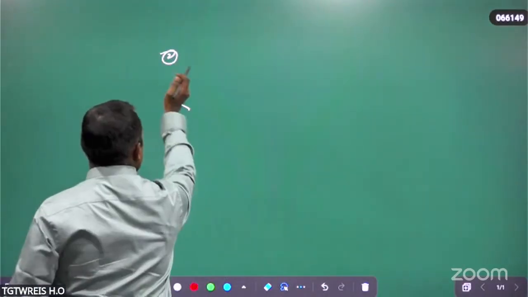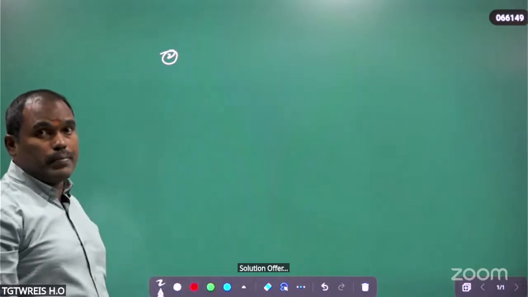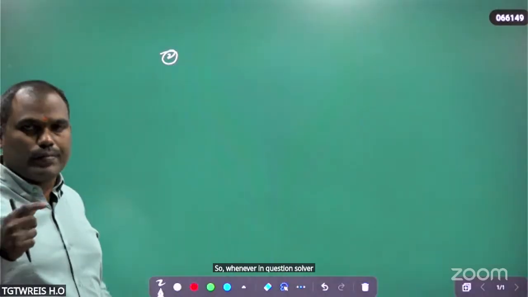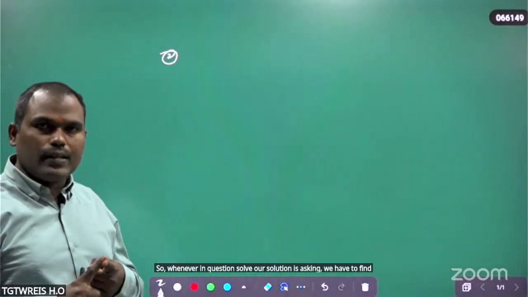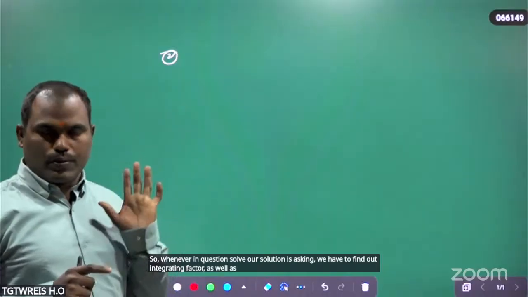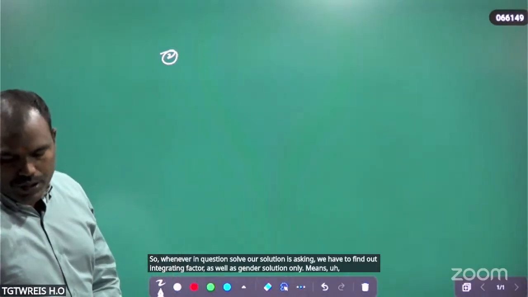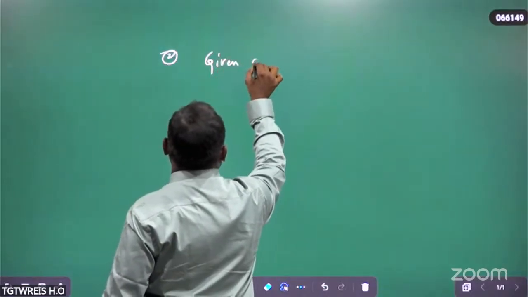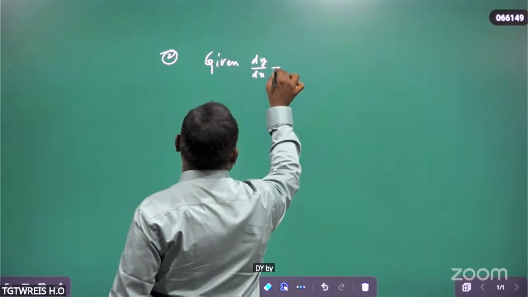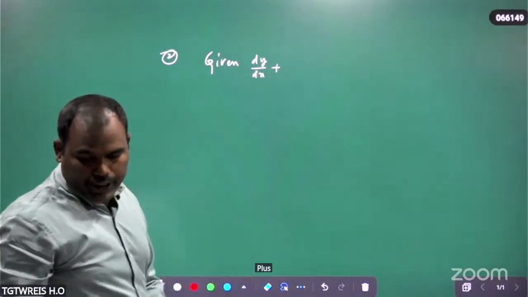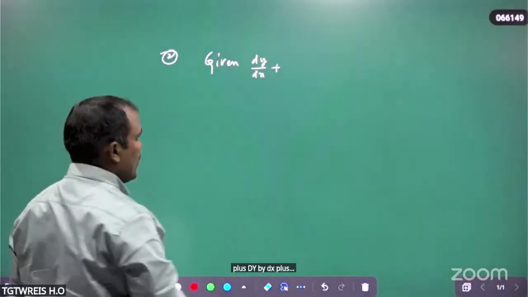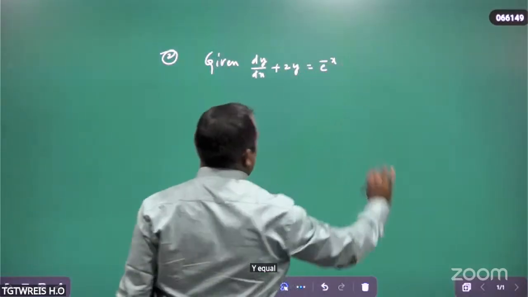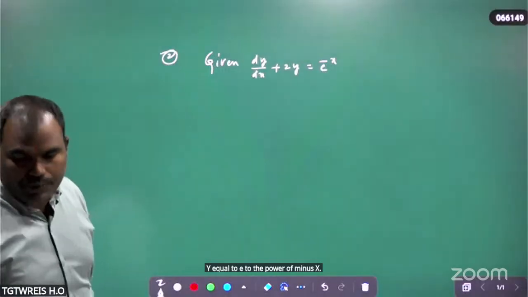Whenever a question asks to solve or for the solution, we have to find the integrating factor as well as the general solution. So, solution of dy by dx plus 2y equal to e to the power of minus x.